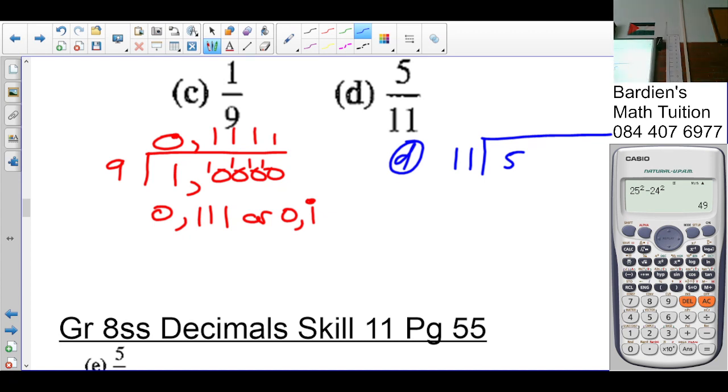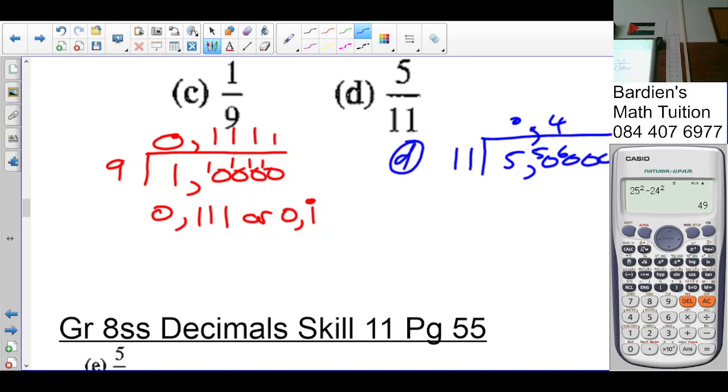No. So we go add zeros there. So this number is now 50. 11 goes into 50 how many times? Remember, put the comma in line with it. 4 times. 4 times 11 is 44. Carry? 6. Okay, there's 6 left.